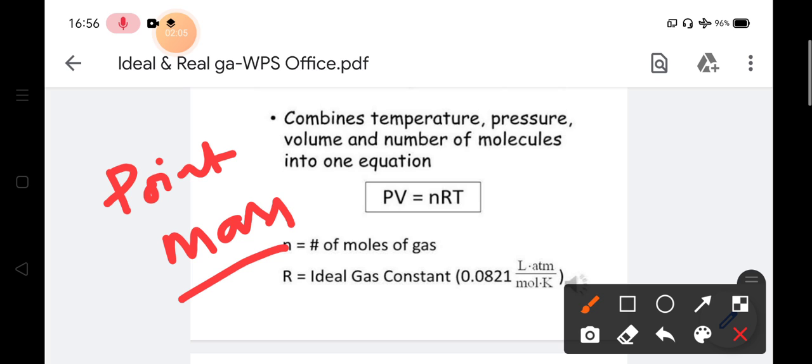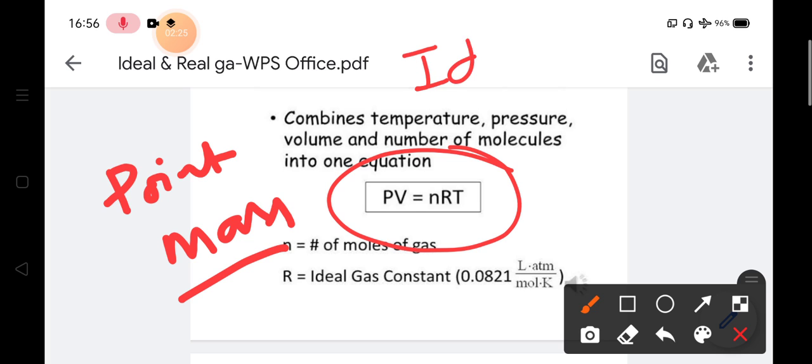When we combine the Boyle's law equation, the Charles's law equation, Dalton's law equation, as well as the Avogadro law, we find the equation PV equals nRT. This equation is called the ideal gas equation.